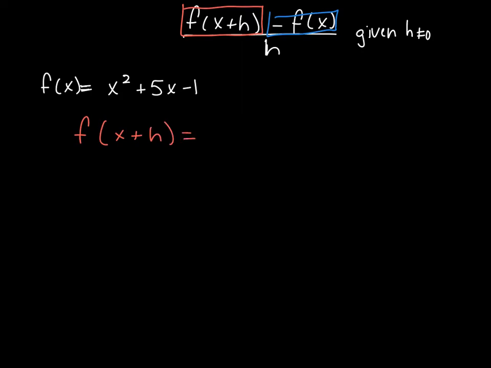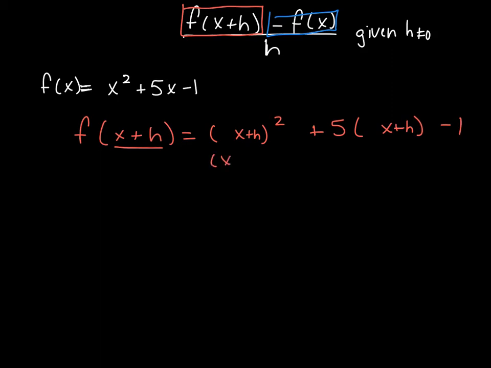I take my original function, x squared plus 5 times x minus 1. But instead of x here, I have x plus h. So I have to add a plus h to both of those pieces. Now, when I work this out, I do have to make sure I FOIL this out.